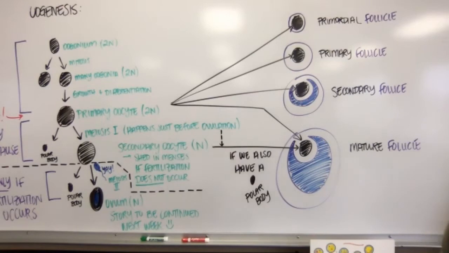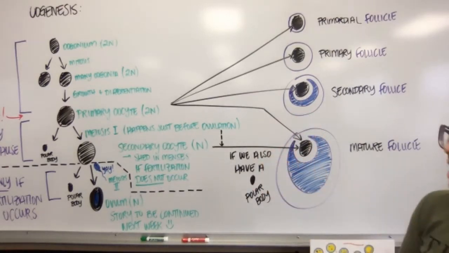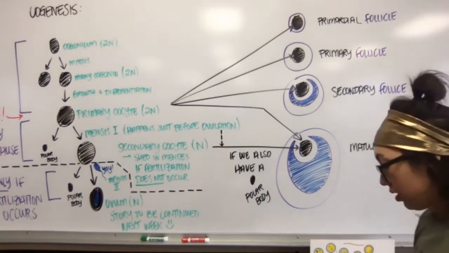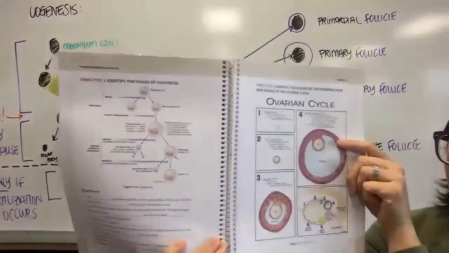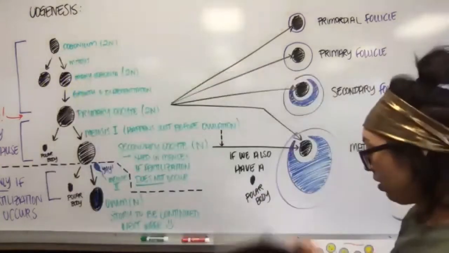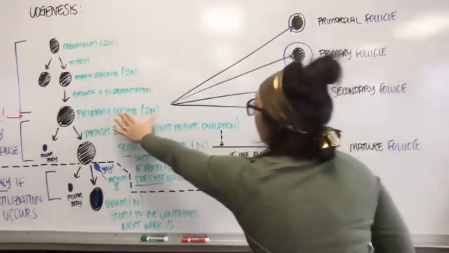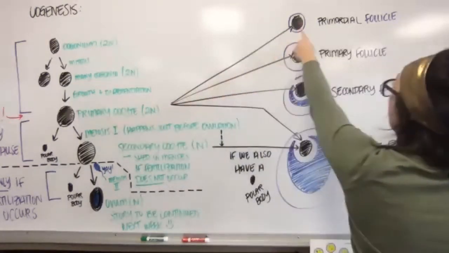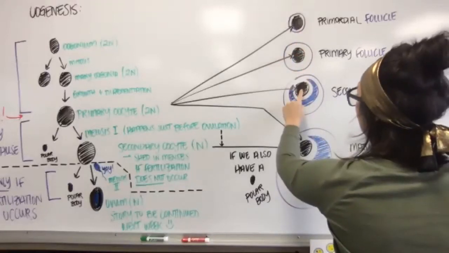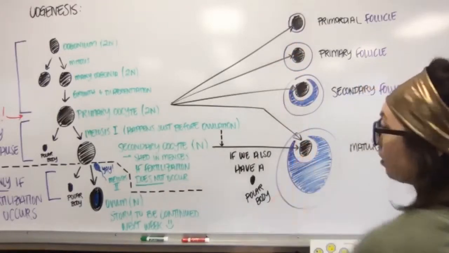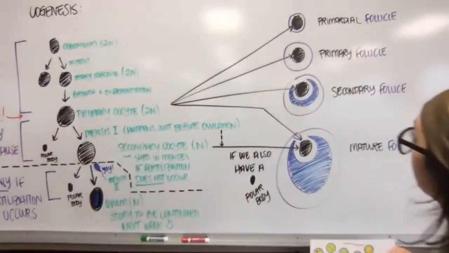That is why you don't have to draw this out. To me, it's just a nice visual to connect these two pages together, but you don't have to do that. I'm just reminding you that the primary oocyte will be here. That's a primary, that's a primary, that's a primary, and this is a primary unless, and we'll talk about that unless.